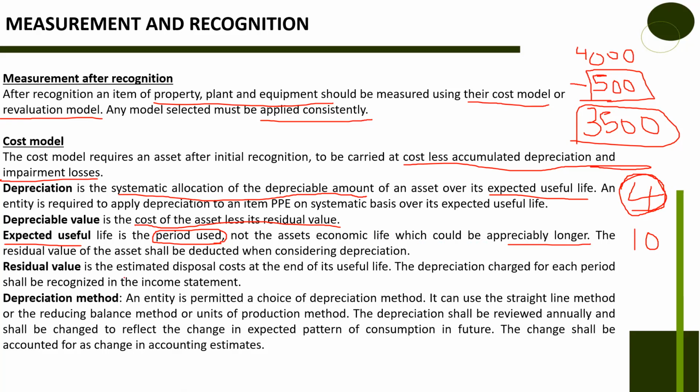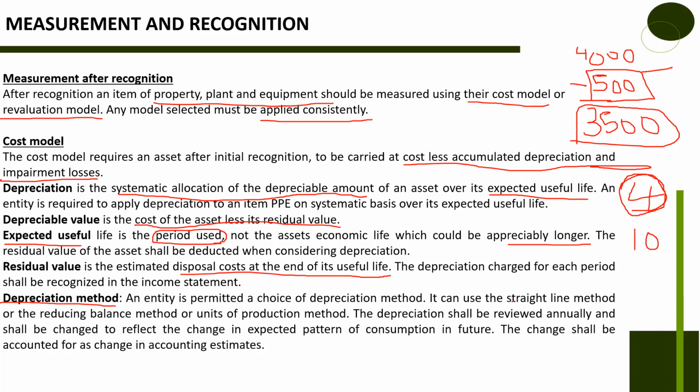Then what is residual value, which is what I explained here. Residual value is the estimated disposal value at the end of what? The useful life. When I was using this example, I said let's estimate it at 500,000, right? Now let's look at depreciation method. Depreciation method: an entity is permitted a choice of depreciation method.